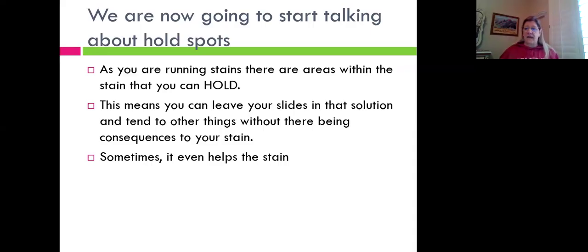So it allows you latitude to move in between all the special stains that you're running at one time. It is not uncommon in industry to be running 5 to 10 stains at one particular time.